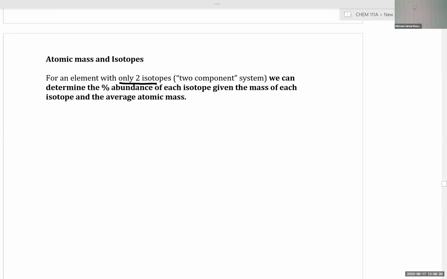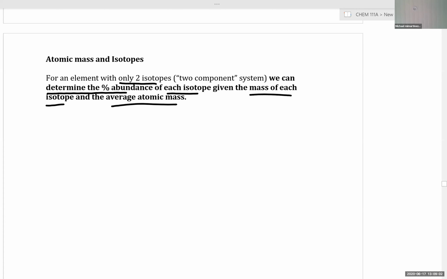We can actually determine the percent abundance of each isotope given the mass of each isotope and the average atomic mass. We're going to show this algebraically rather than working through each solution on a case-by-case basis. We can create a general equation. So I'll show this derivation now.